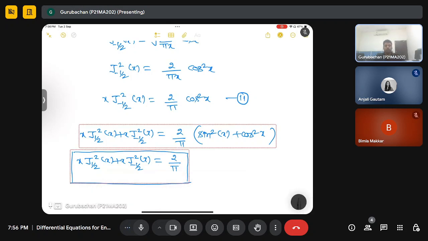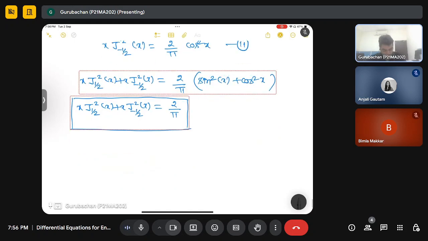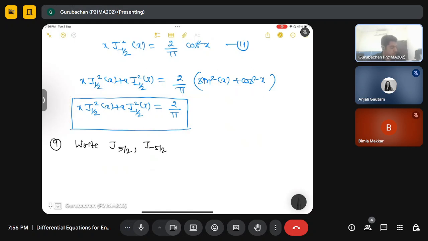Okay. So the next question is question number 9. Write J_(5/2) and J_(-5/2) in terms of elementary functions.